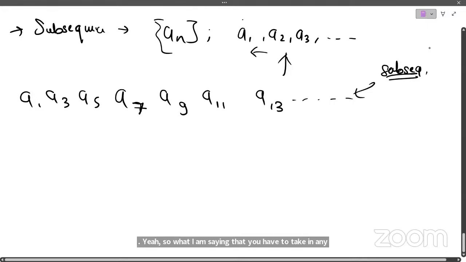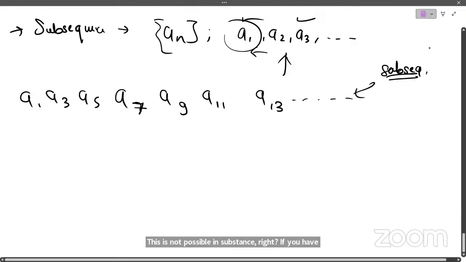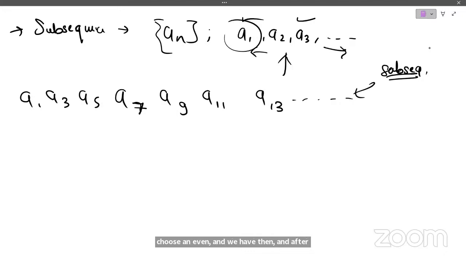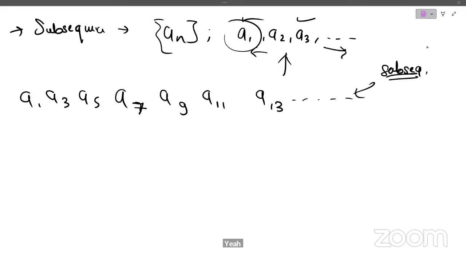Once you have chosen, suppose, a1 and a3, then I won't come back and choose a1. This is not possible in a subsequence, right? If we have chosen a1 and then after that I choose a3, then I should go forward, not backward. This is one thing. Are you getting what a subsequence of a sequence is?